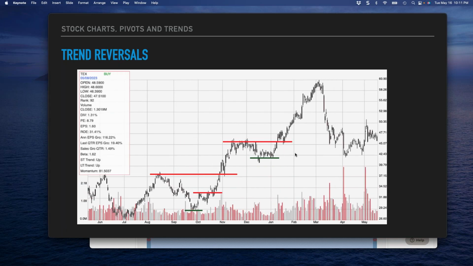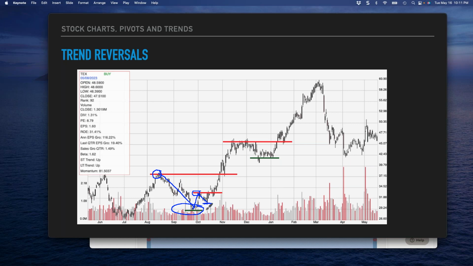Okay, we've talked a little bit about trend reversals, but I want to show you some other examples. This is a really good example of how bullish trend reversals work. For Terex, TEX is the stock symbol. We can see the stock hit support at around 37.15, dropped back, found a pivot low at around 29.24, started to rally, found a new pivot high, faded back, found a new pivot low point.